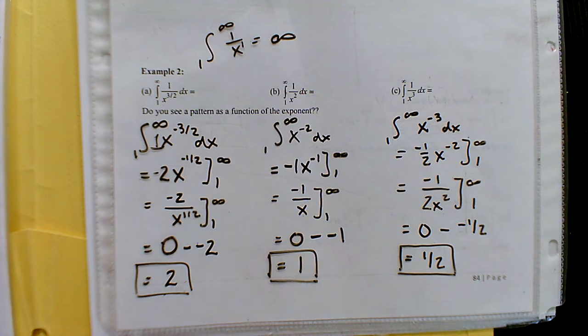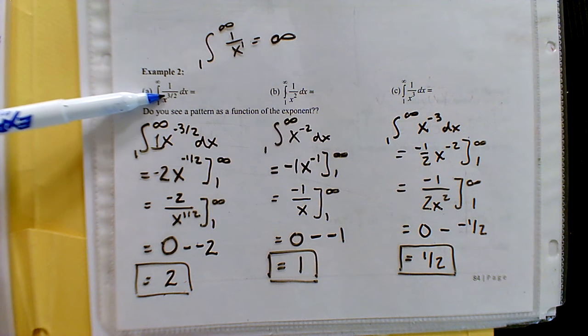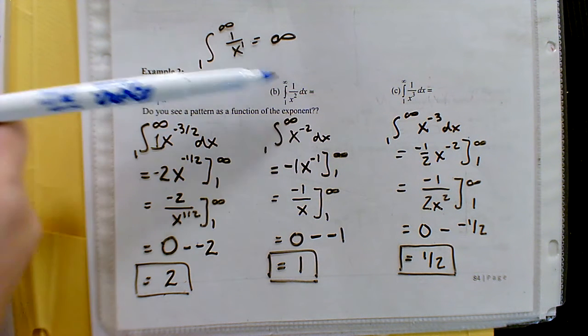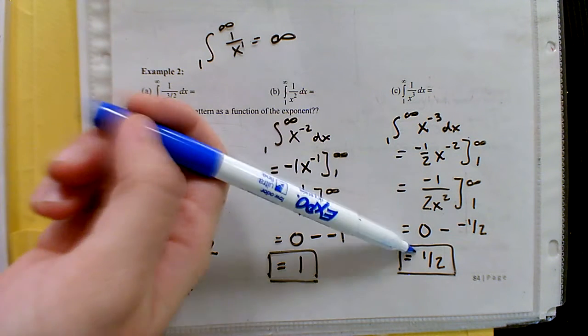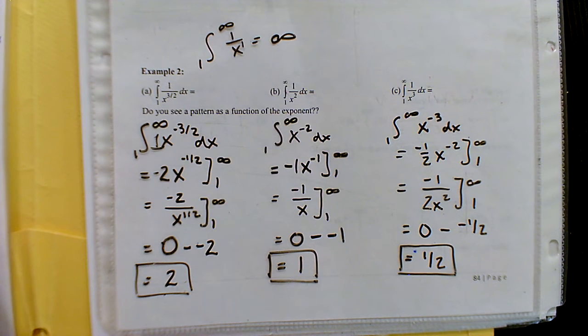Sound about right? Okay. This is going to be a very not loaded question, but I'd be surprised as long as you didn't look forward in the notes. Can you find a connection between the power that you start with and the convergent area value that you have?